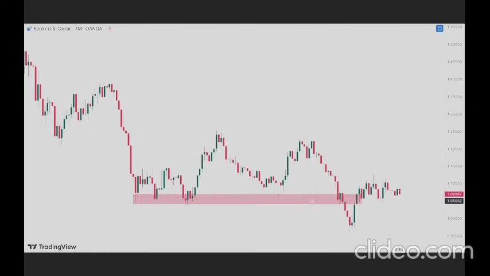Though we can't label the biggest support like this because it is an unusual way of trading.